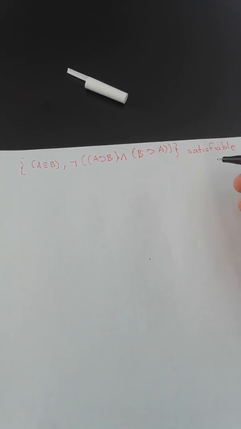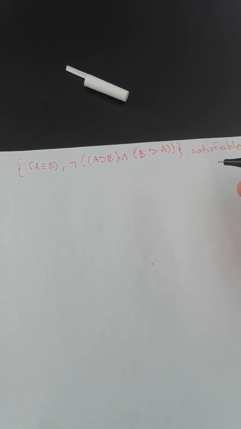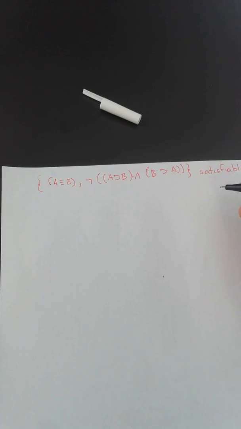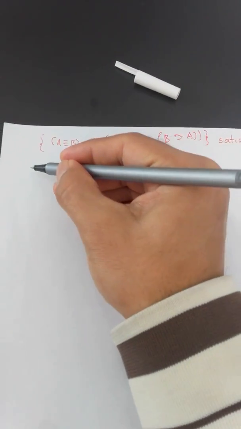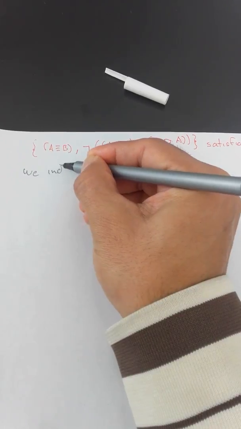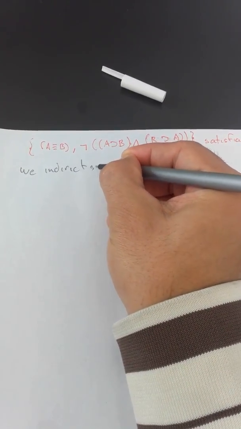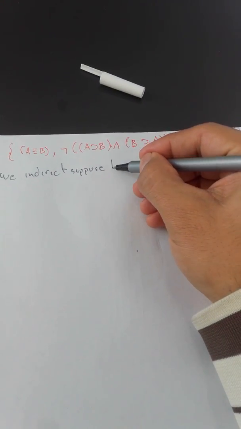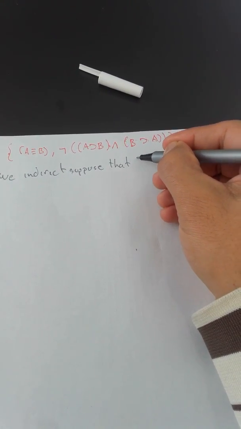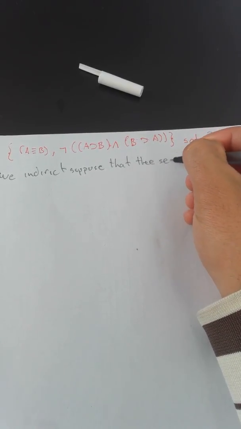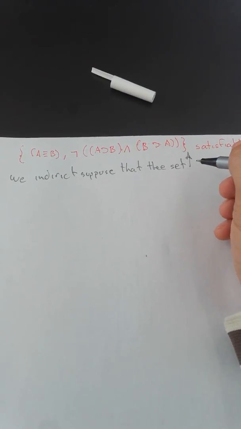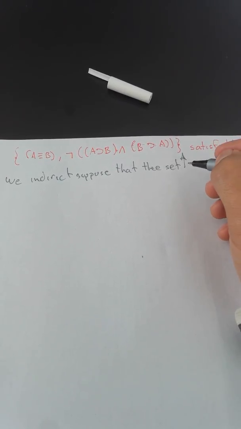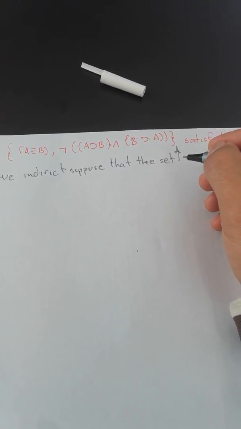So in order to make the proper or the indirect proof, let's check the contradiction. So we can say that, indirect, suppose that this set is unsatisfiable.